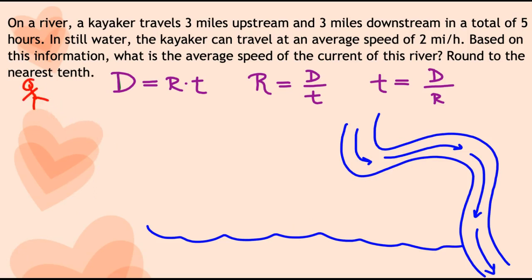So we got to write an equation. That's the hard part. What is going to be equal? If we write an equation, something has to be equal. So let's read the problem. On a river, a kayaker travels 3 miles upstream and 3 miles downstream in a total of 5 hours.